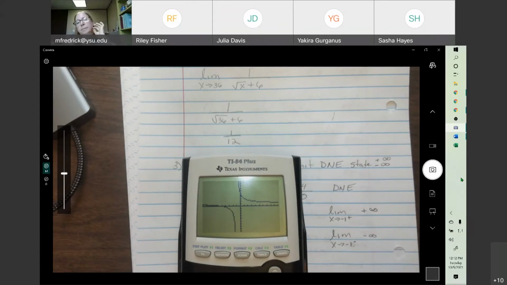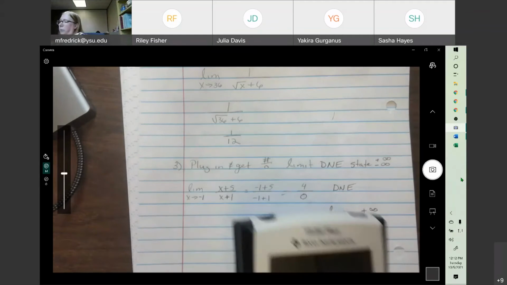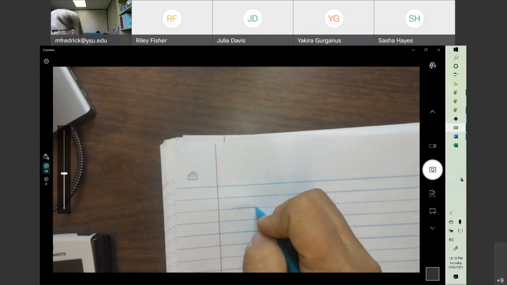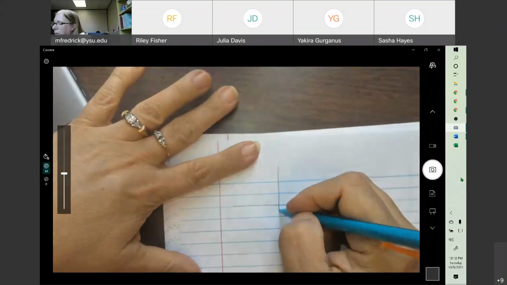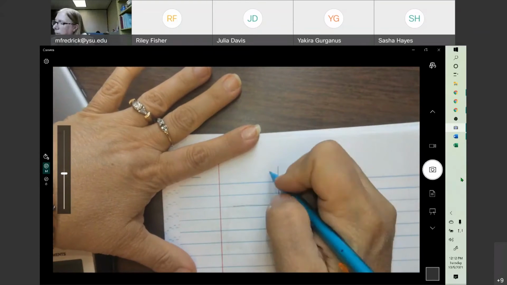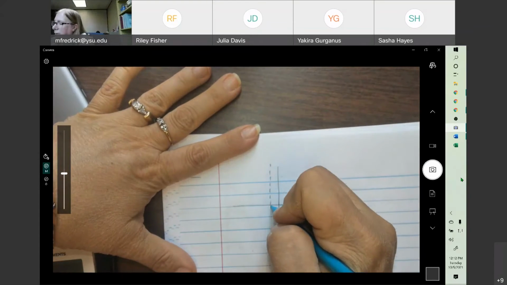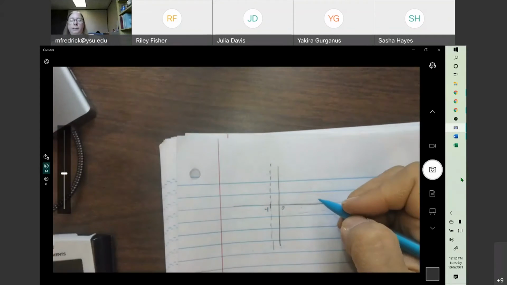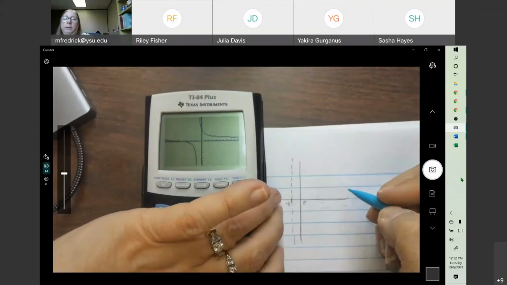My window messed up. When you're reading that graph, I still don't get how you got positive and negative infinity. Okay. So here, let me draw the graph here. I think it'll be a little easier to see. So this is at 0, and then at negative 1, the TI-84 doesn't show the asymptote.